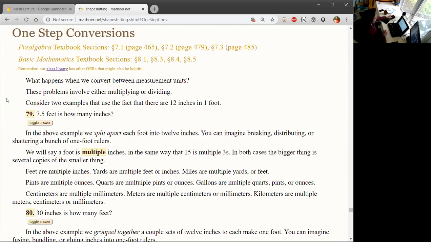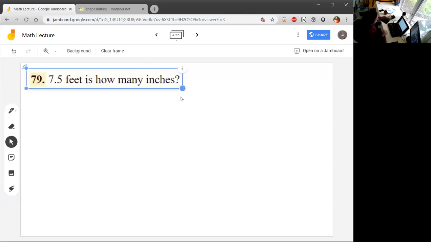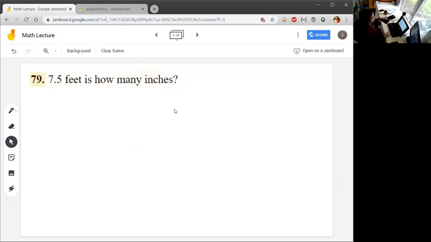So there's 12 inches in a foot. You know me by now. You know I like to draw pictures. If it helps you, great. If not, ignore my pictures.